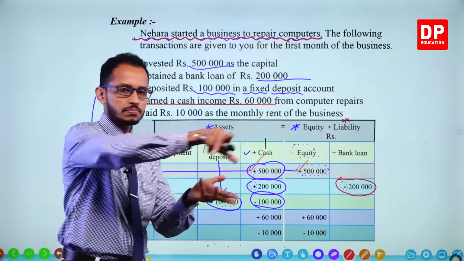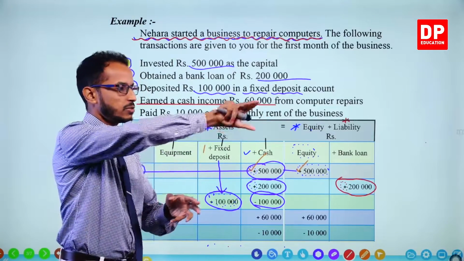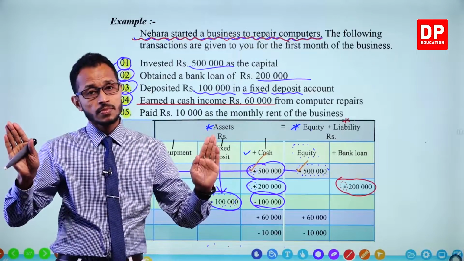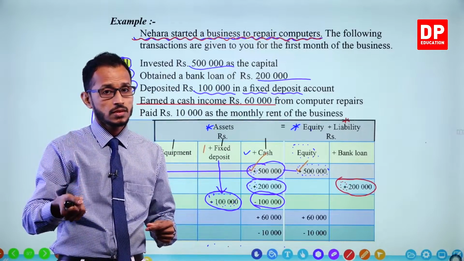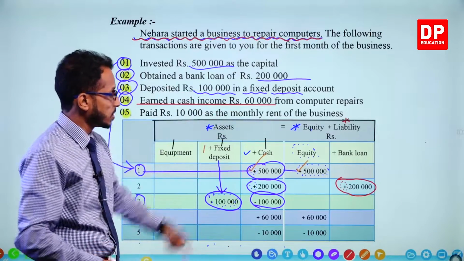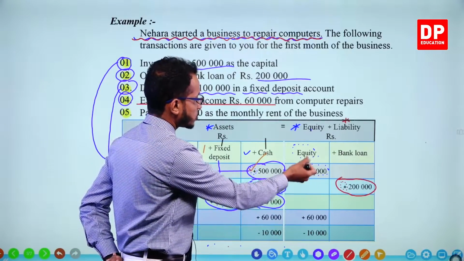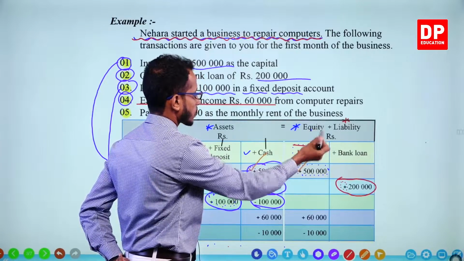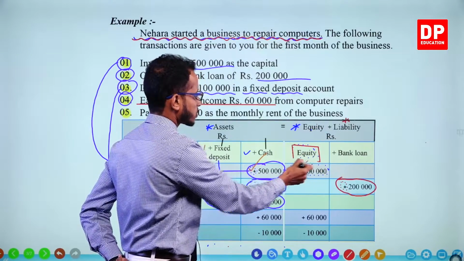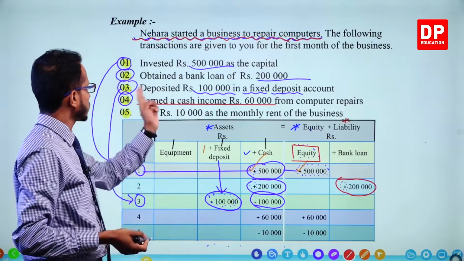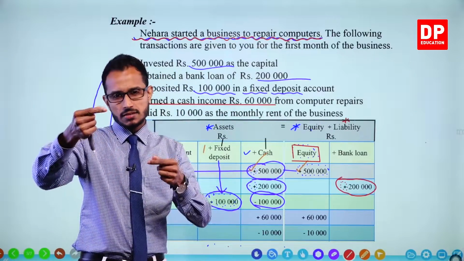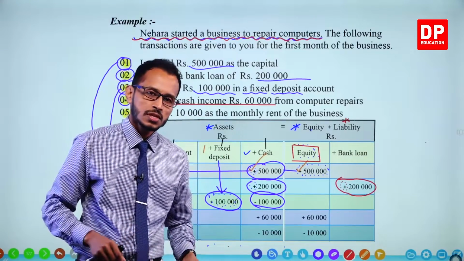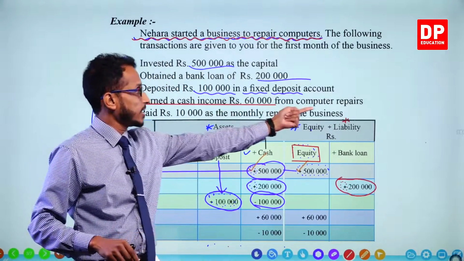Money coming in, more money coming into the business, but not Nehara's personal money. It's not her capital. If her capital was invested, definitely equity should increase. But she is not bringing in her own money and investing to the business. She is going and earning an income.